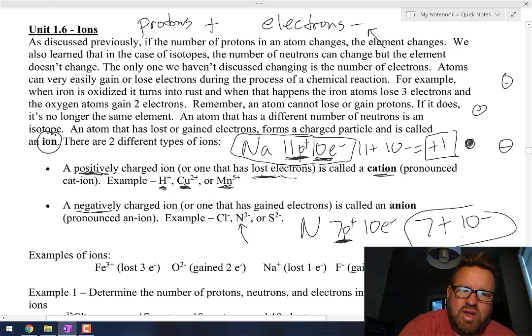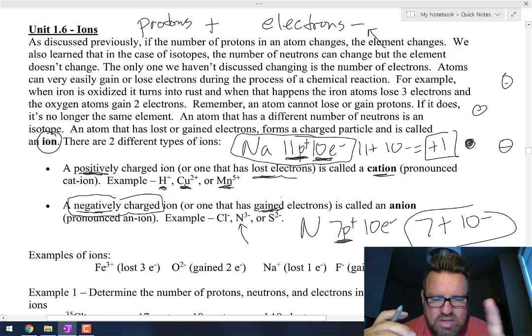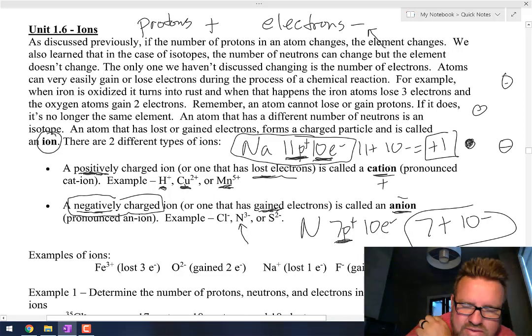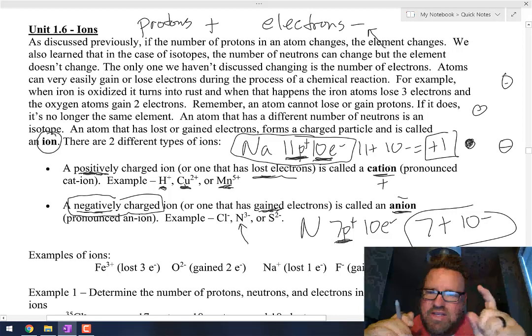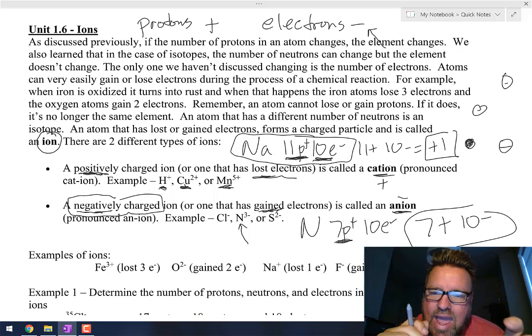Okay, so if an ion is negatively charged, it means it has gained one or more electrons. Okay, and those are called anions. So anions are negative, cations are positive. Again, like a battery has a cathode, the positive end, and it has an anode, which is the negative end.